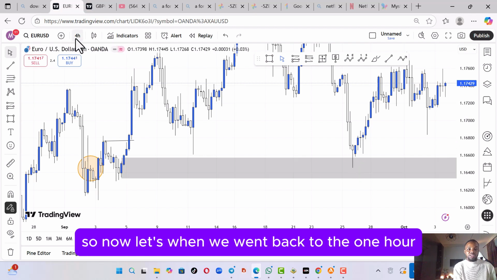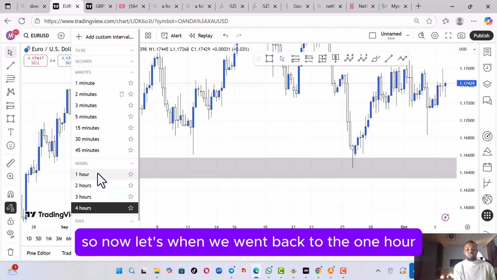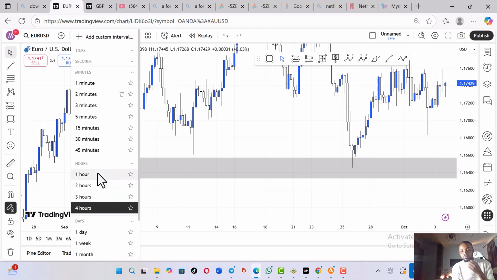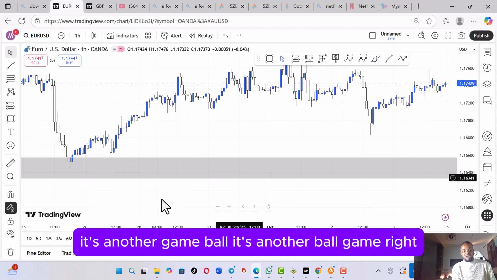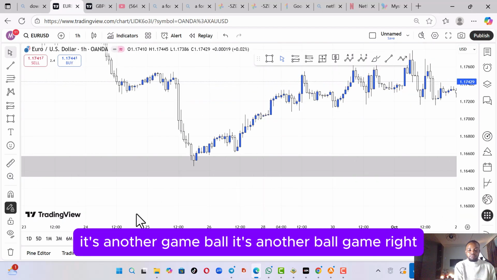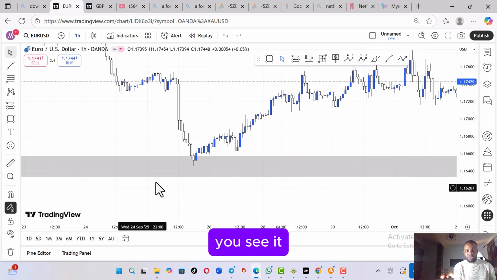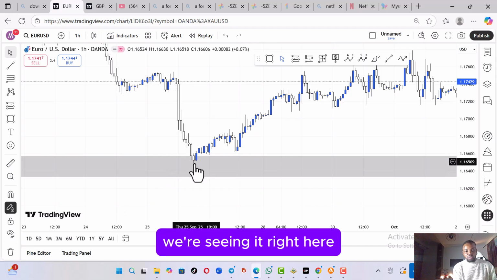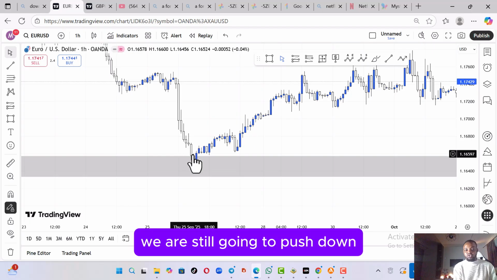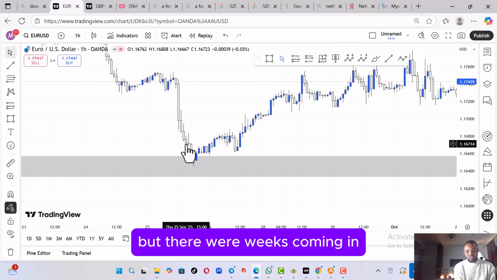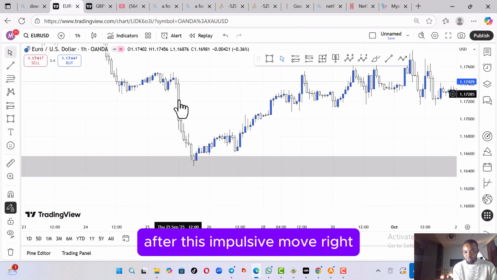So now when we went back to the 1 hour, it's another ball game, right? You see it. We are seeing it right here. It was showing that okay, we are still going to push down, but there were wicks coming in after this impulsive move, right?